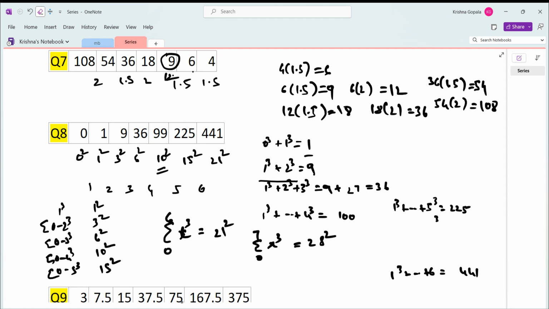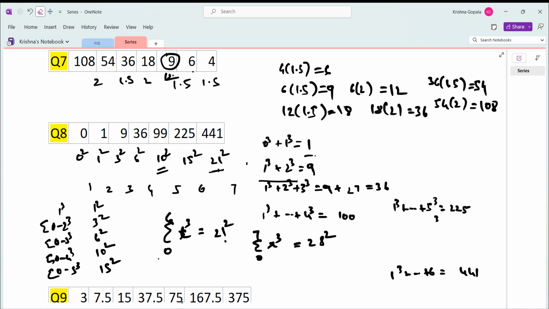You can notice it. When you sum all the cubes of all natural numbers, they will grow in the series of squares. Every new number that you add, the number whose square it belongs to will go up by that many. 0 to 7: if you are adding 1 cube plus 2 cube up to 7 cube, then it will become 21 plus 7.